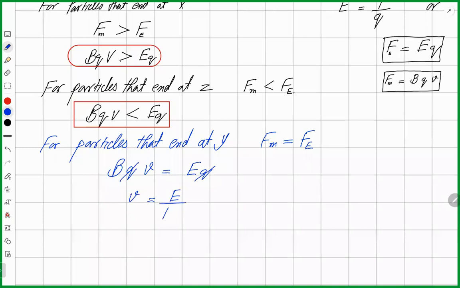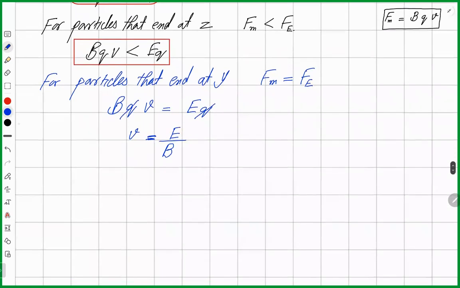So v equals electric field divided by magnetic field. This is a very important setup that can be used to find the speed of a charged particle. When you see that some information is given for the speed of electrons and protons, I hope you understand that those speeds are not measured by making a charged particle move a certain distance and measuring its time, because an electron can move around the Earth in less than a second.